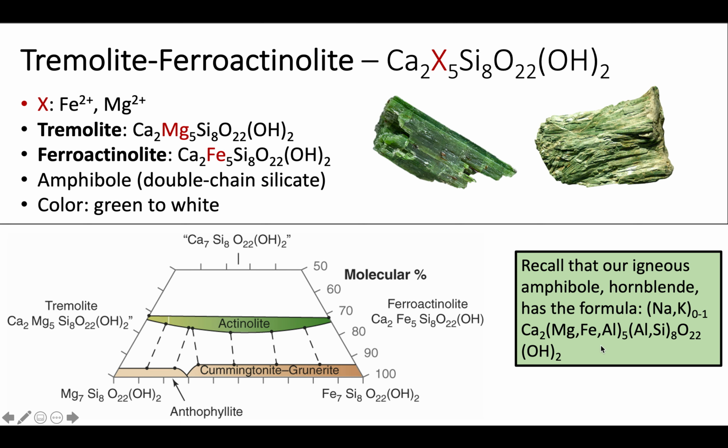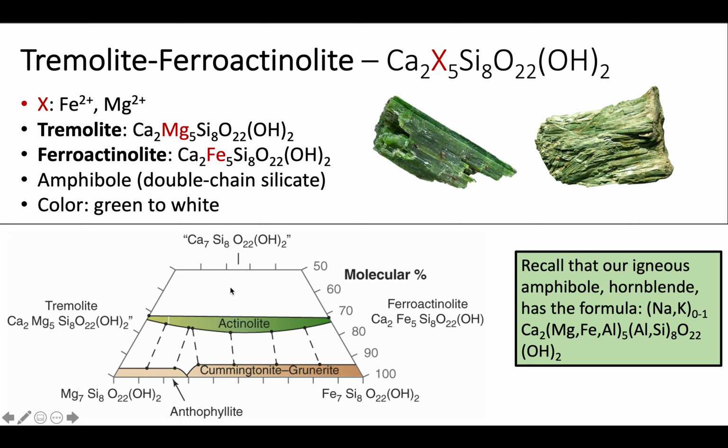And hornblende is always going to have a fair amount of aluminum, which note that our tremolite ferroactinolite series and our anthophyllite and our cummingtonite grunerite, none of these are aluminum rich amphiboles. So these are our calcium rich amphiboles up here. Then these are our just magnesium iron rich amphiboles down here.